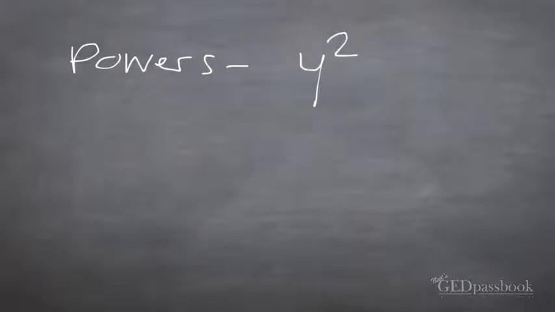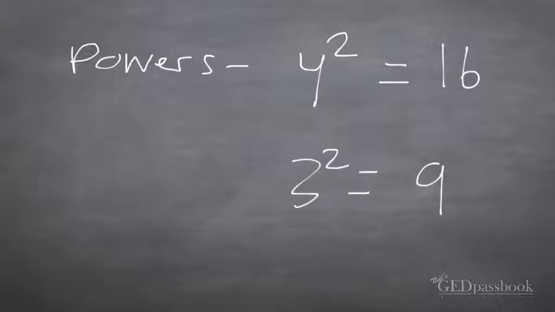Four squared, which means 4 times 4, which is 16. By the way, the one that we just did, the 3 squared, 3 times 3, is 9. Does that make sense? Pretty straightforward.